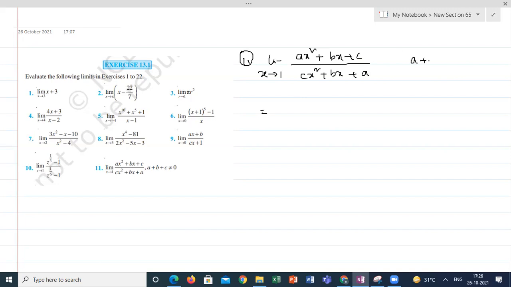Since a plus b plus c is not equal to 0, if I substitute straight away, I will get (a plus b plus c) divided by (c plus b plus a), and the whole sum is not equal to 0, so it equals some other value. So the answer is 1. Are you clear?